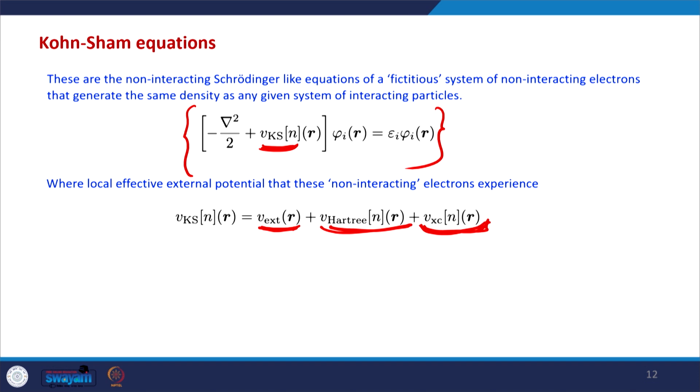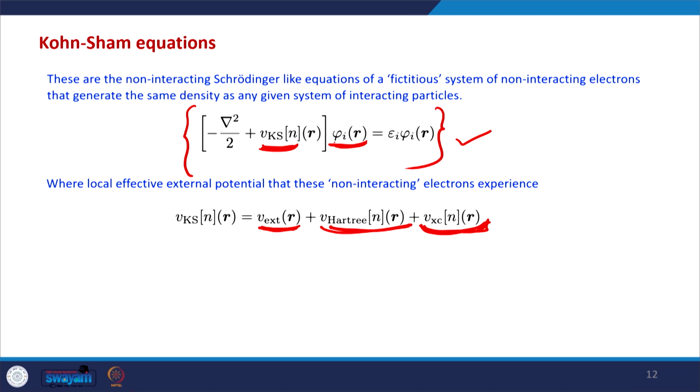So in this method, we solve these single particle Schrodinger equations, also known as Kohn-Sham equations, and we calculate the solutions of these equations, known as the orbitals, phi orbitals.